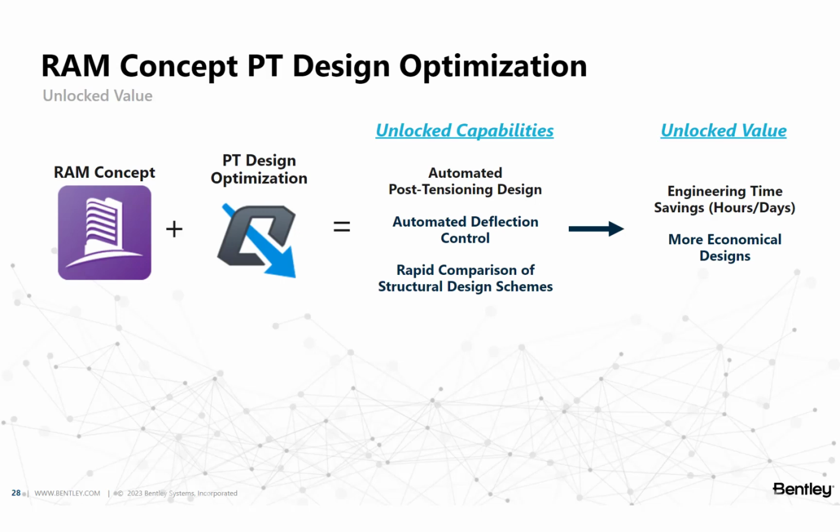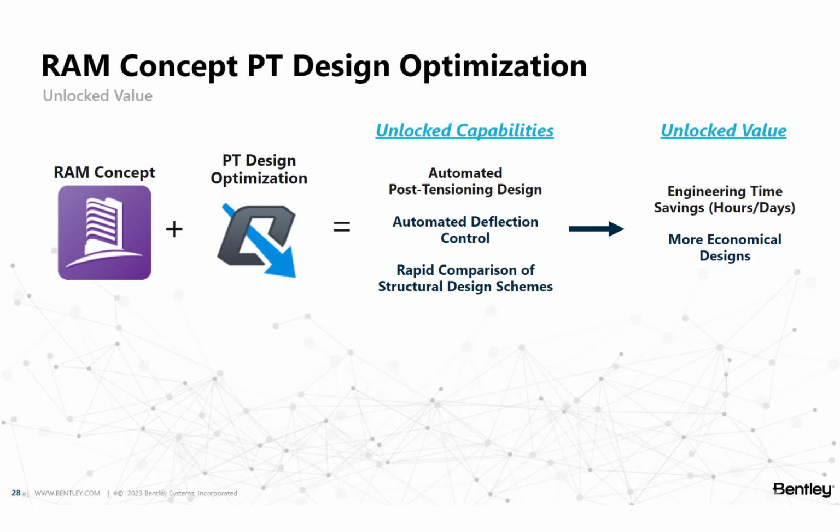To summarize then, the enhanced capabilities and value that can be unlocked by combining PT design optimization with RAM Concept. We eliminate the need for tedious manual iteration or value engineering, which often happens at the tail end of the project. And we do that by completely automating the design process, including automating deflection control. So rather than spending days trying to find an optimal design, we can invest just a few minutes to set up the model for optimization.